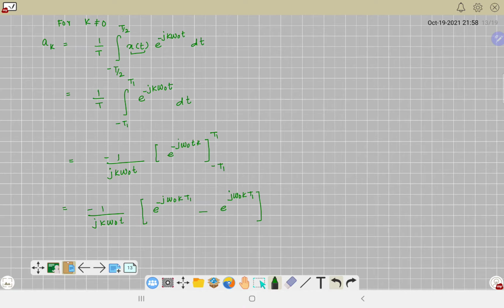After that you can express it by multiplying by 2, keeping k omega naught outside and taking e raised to the power j omega inside. I'm skipping some steps, but I'm sure you will be able to understand it. You can do the missing steps yourself, and it will be 2 and the j.